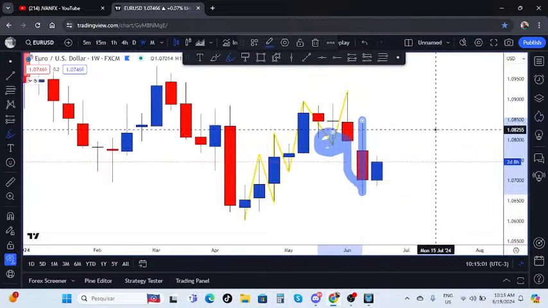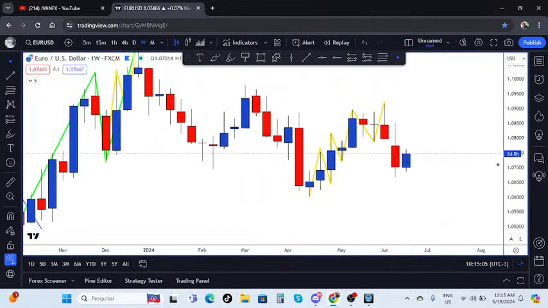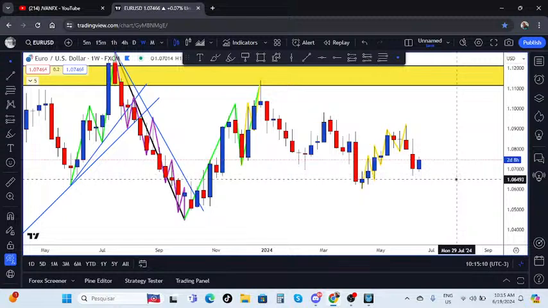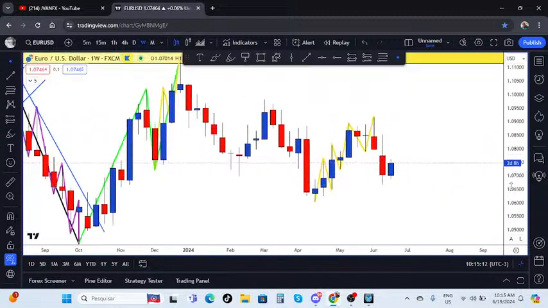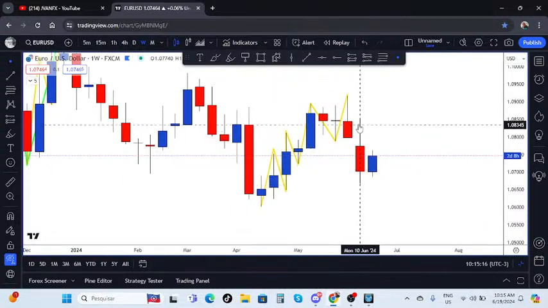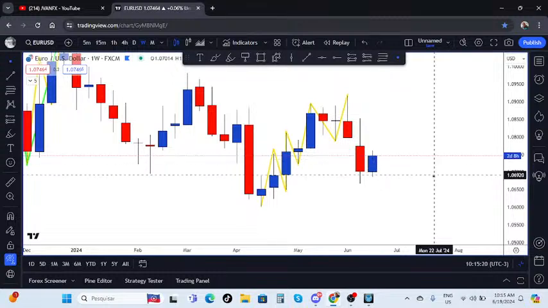So like I said, I'm going to risk more if I want to sell, because the monthly is telling me that the short-term trend is down. Right now, for this week, if you would have analyzed the market very well, you would have bought this market on the smaller time frame. Why?